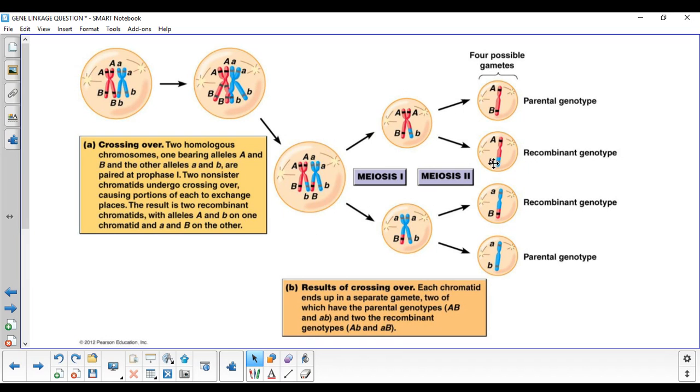And crossing over doesn't happen 100% of the time, because crossing over will only happen if there's enough space between the two linked genes. The further apart they are, the more likely crossing over is to happen. The closer together they are, the less likely crossing over is going to happen.